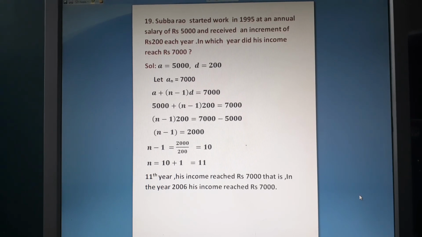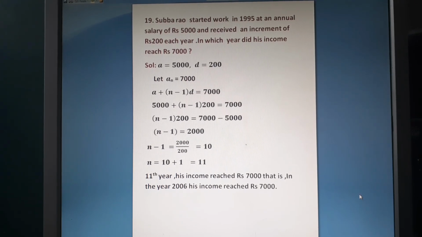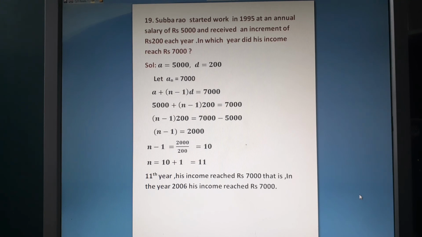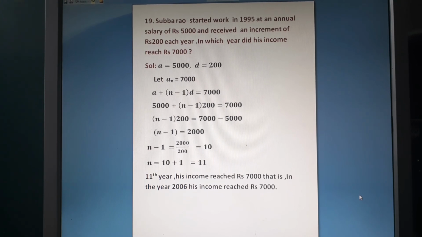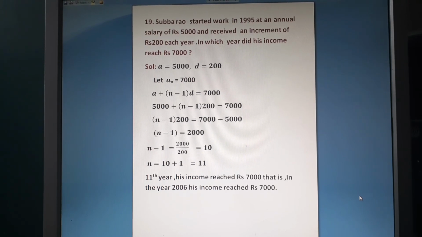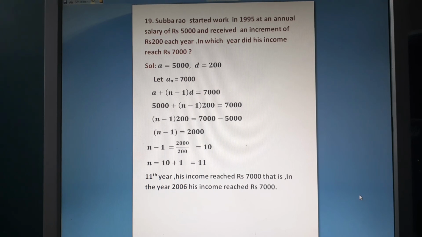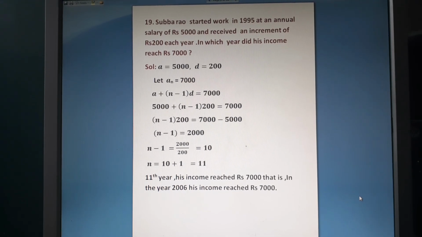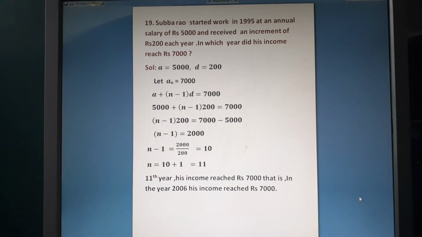Let the nth term An is equal to 7,000. A plus n minus 1 into D is equal to 7,000. Apply A value and D value. We get 5,000 plus n minus 1 into 200 is equal to 7,000. Take 5,000 from left hand side to right hand side. We get n minus 1 into 200 is equal to 7,000 minus 5,000.